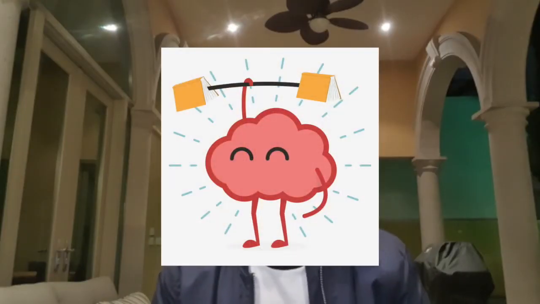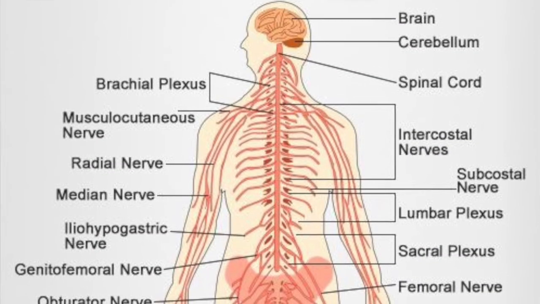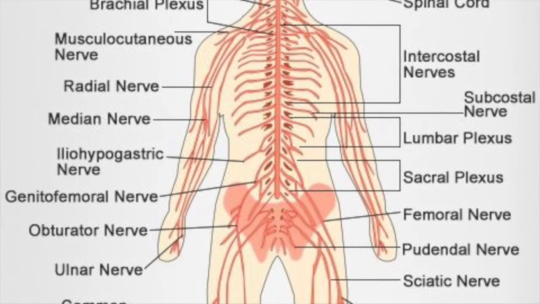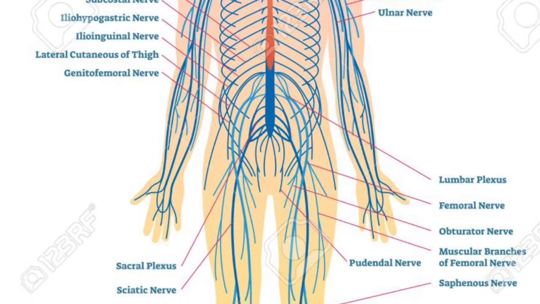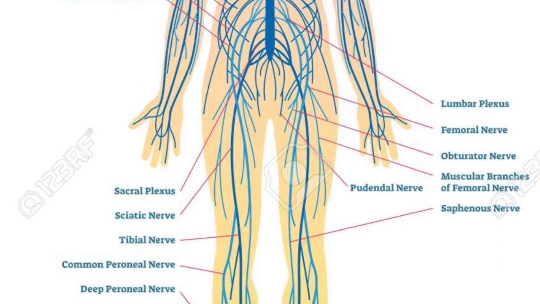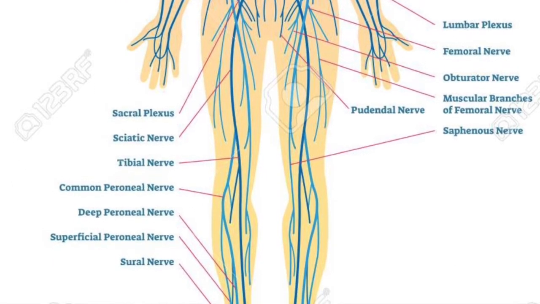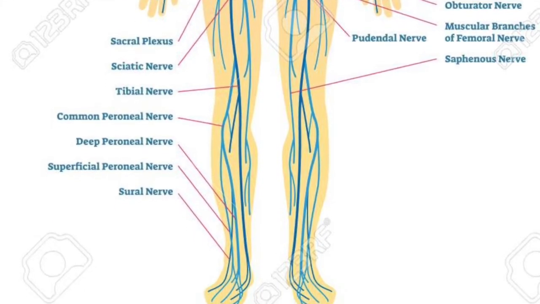The nervous system is a complex collection of the body's neurons and nerves which transmit signals across different parts of the body. It consists of two parts, the central nervous system and the peripheral nervous system. The peripheral nervous system, also known as the PNS, consists of the nerves and the ganglia outside of the brain and spinal cord, and it is in charge of sending the information received to the brain and to the central nervous system.